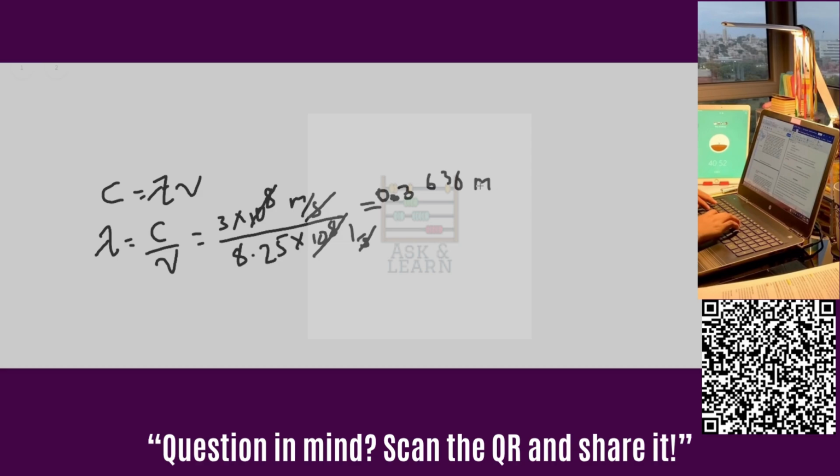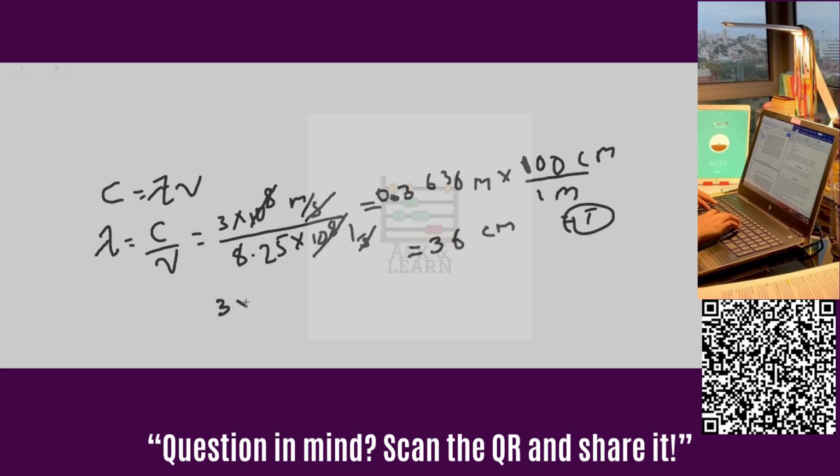The question doesn't want meters, it wants centimeters, so we convert one more time. 1 meter is equal to 100 centimeters, so we multiply and get 36 centimeters. This is the transmission. Now let's continue to the next one.